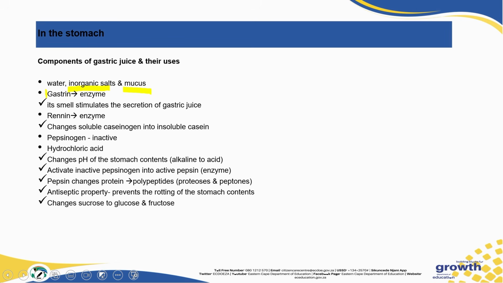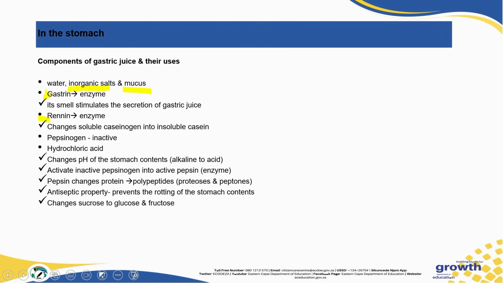When gastrin is secreted, it stimulates the secretion of gastric juice. For the gastric juice to secrete, the more the stomach smells the food, the more gastrin is released, and then it begins to release the gastric juice.